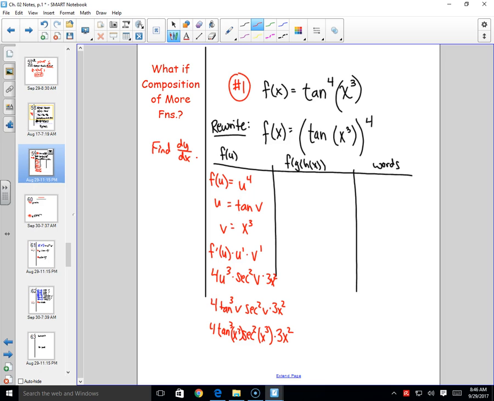I had to plug in v. And now just make it look pretty. The 4 gets to combine with the 3x squared. I usually move everything in front of the trig if possible. Same thing as a square root. Move everything in front. So I'm going to have 12x squared tangent cubed of x cubed secant squared of x cubed.